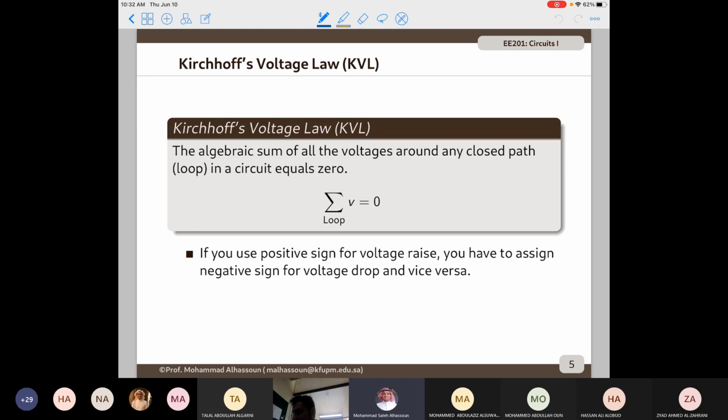Again, here we have to assign positive and negative polarity depending on whether we use voltage rise or voltage drop. In many cases, we prefer the voltage drop convention because it's more straightforward; you don't need to do any conversion. If you use the other convention, you should end up with the same results.